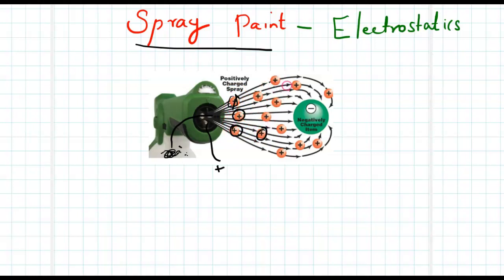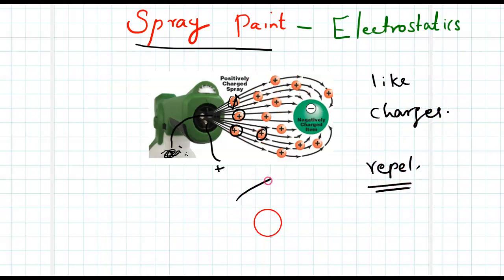These are like charges, and like charges repel. So as they repel, the paint can cover a bigger area and paint any object easily.